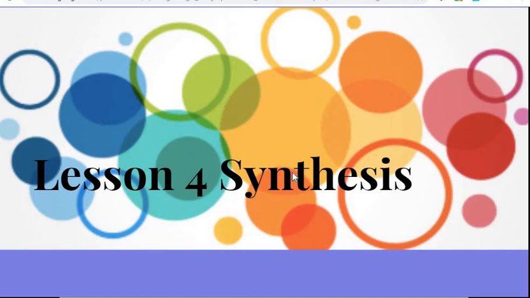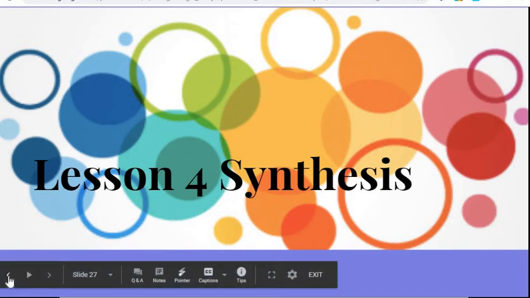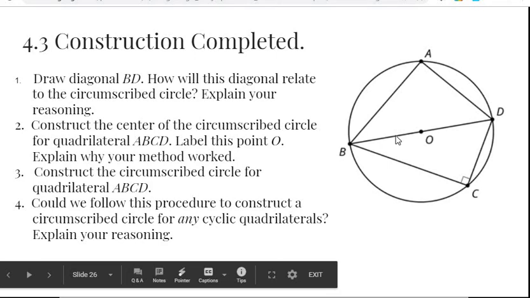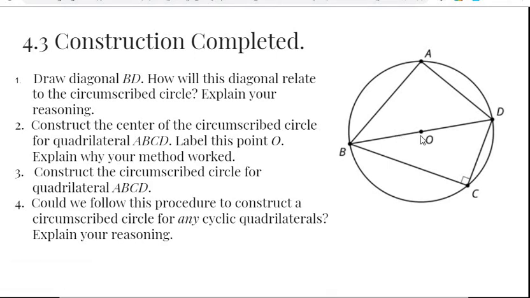It is the midpoint of that diameter. It's the center of the circle, but it is the midpoint of the diameter. So very good. And this is how you should have your construction when it is completed. So BD is a diameter, and we find O by just finding the midpoint of BD, and then that's going to be the center of our circle.